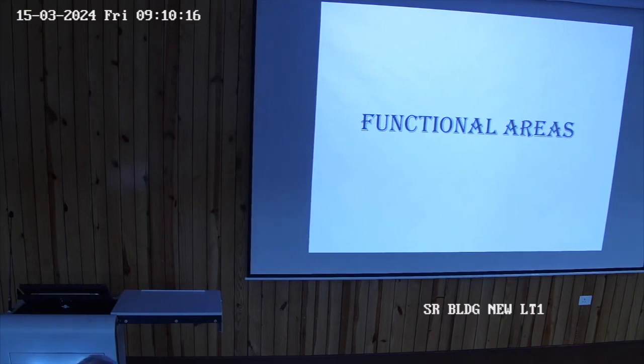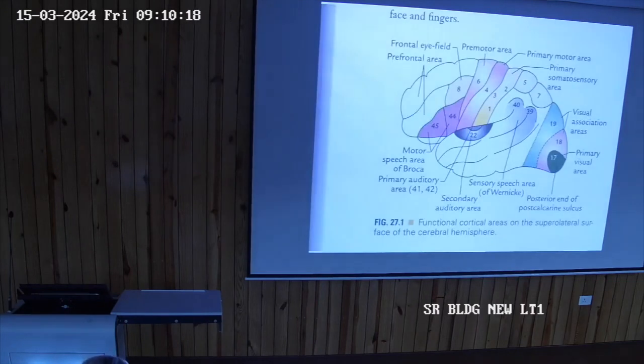That thing we talked about yesterday. You can see this is the central sulcus, and area number 6 and area number 8. The 6th area is the premotor area, because area number 8 we consider the frontal eye field.